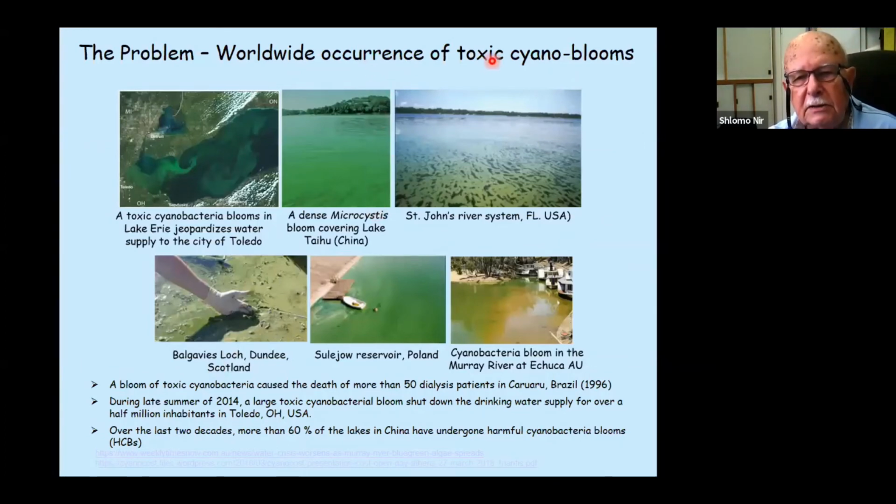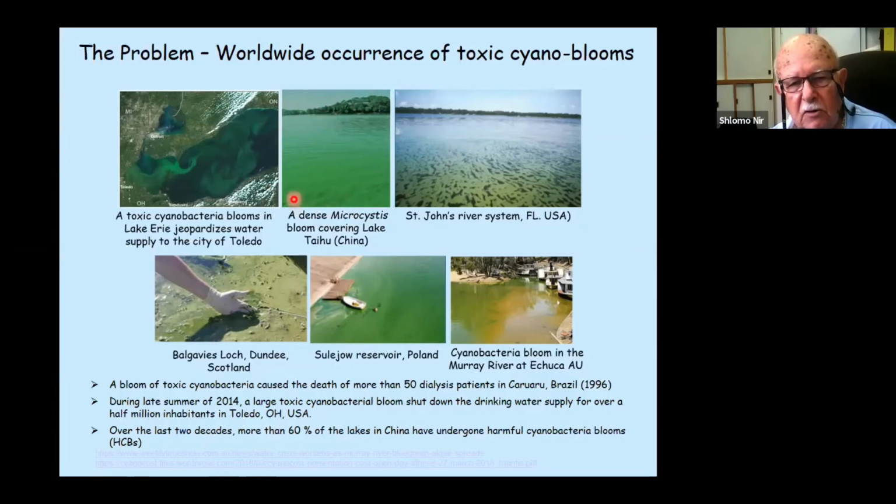In this slide, we try to solve the worldwide occurrence of toxic cyano blooms. The cyanobacteria can photosynthesize, and they reside in most of the lakes and rivers. The lakes, as well as many rivers, are usually used for drinking water.